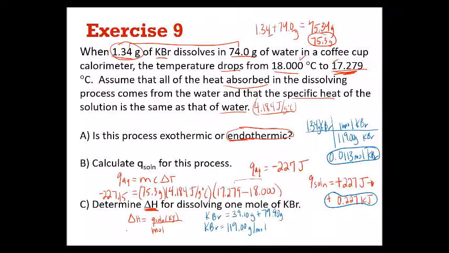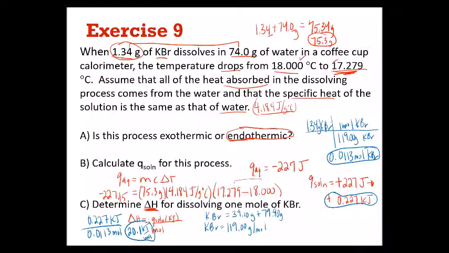So I'll do it over here. We do 0.227 kilojoules over our 0.0113 moles, and delta H ends up being, so we went with 3 significant digits there, 20.1 kilojoules per mole.